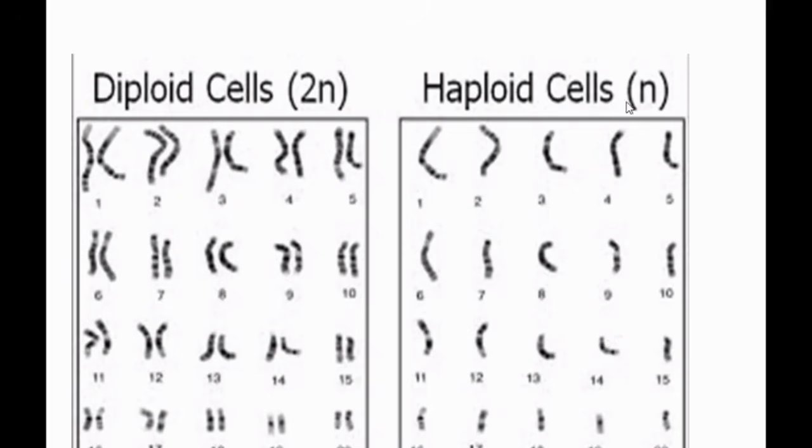So only half the number of chromosomes are there in gametes. Those gametes are called haploid cells. Haploid in the sense only half the number of chromosomes are present. Diploid is a full set of chromosomes, two sets, whereas in the first set only one chromosome is there.